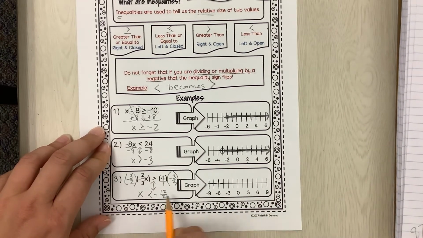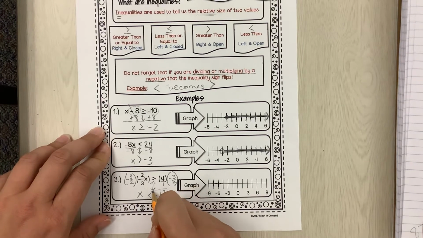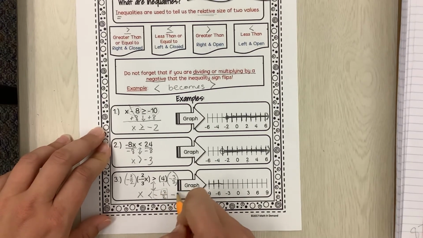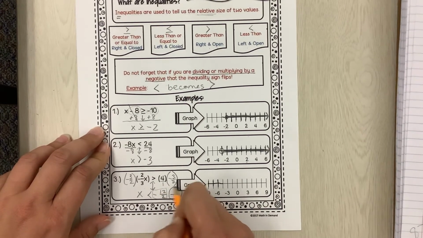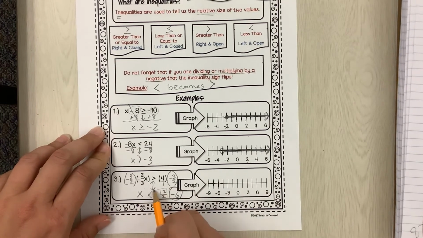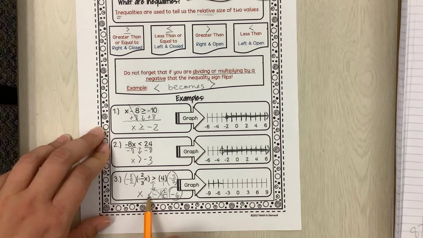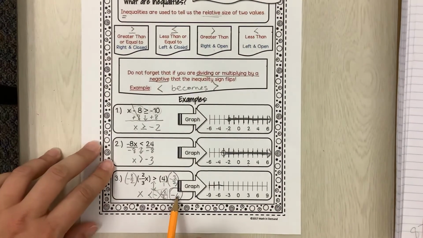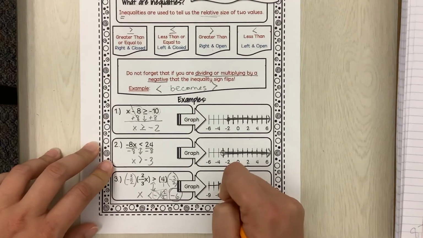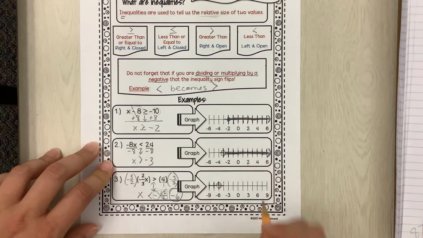Now, hopefully you're seeing here that -12/2 is the same as saying -6. So x, I'm gonna just cross it out so we don't get confused. x is less than -6.